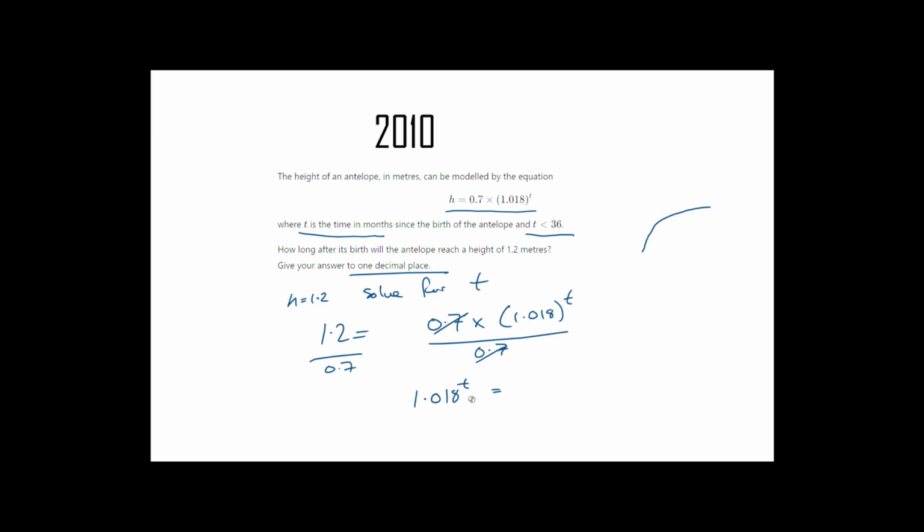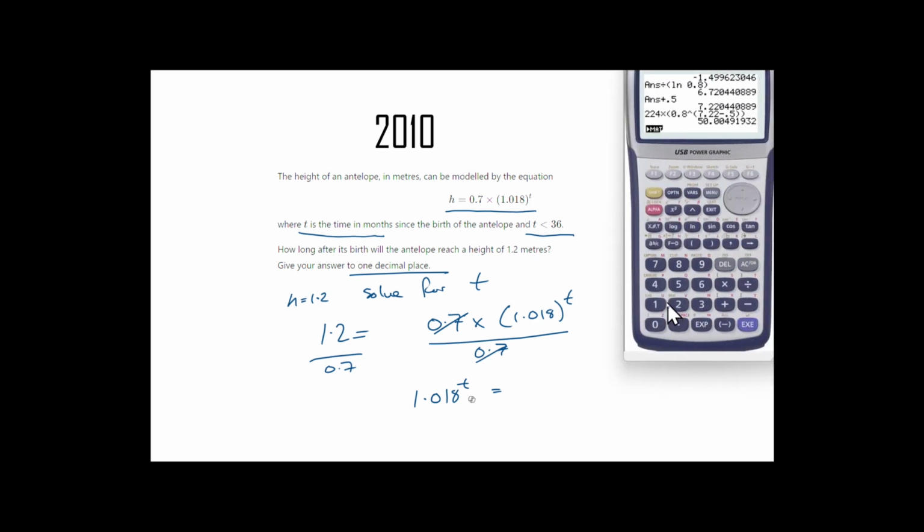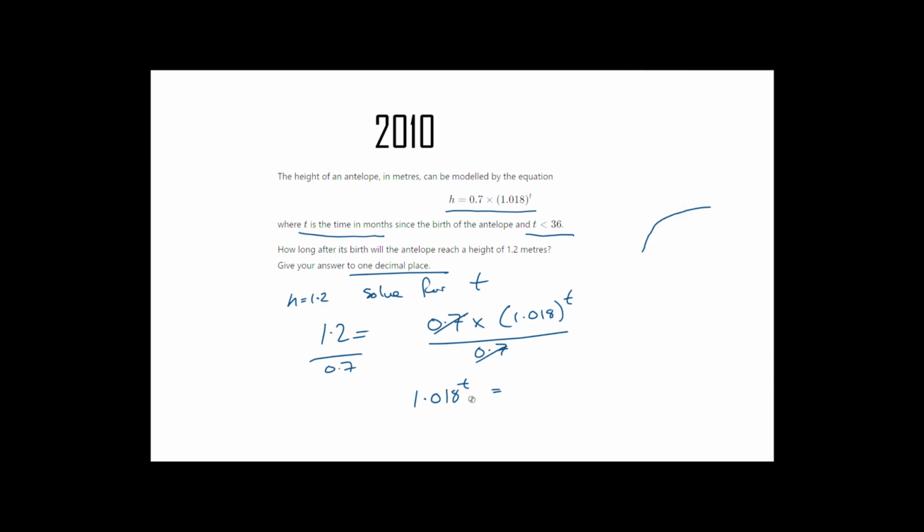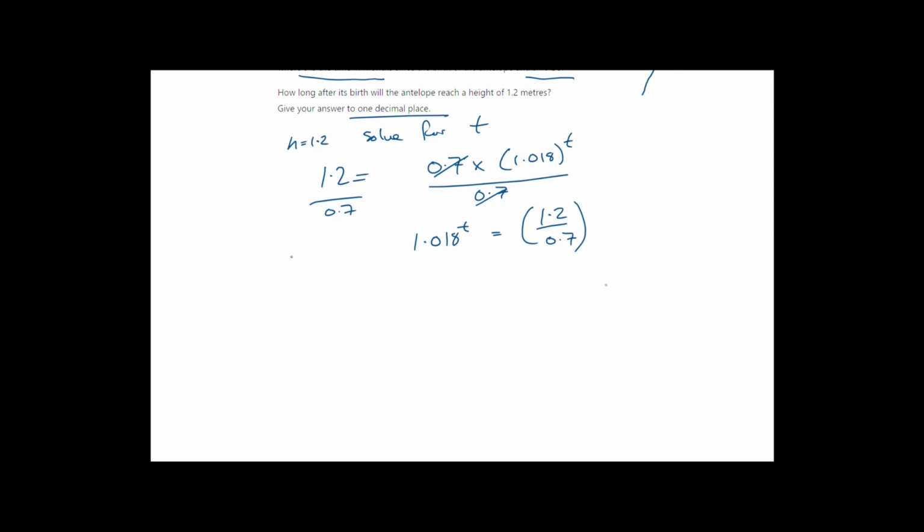I don't know whether that's going to be a nice fraction. 1.2 divided by 0.7. Nope, it's not going to be a nice fraction. And then we're going to take the log of both sides. And then when we do that, the t comes out the front.